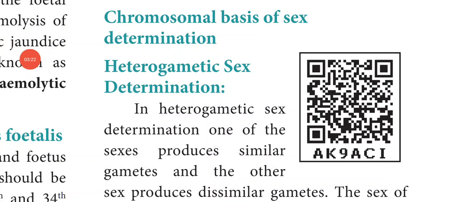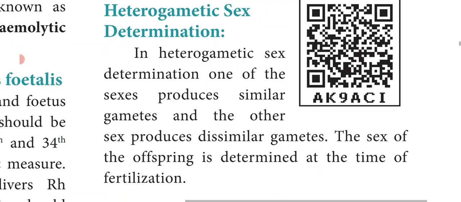Now we'll see the chromosomal basis of sex determination. First we'll see about heterogametic sex determination. In heterogametic sex determination, one of the sexes produces similar gametes and the other sex produces dissimilar gametes. The sex of the offspring is determined at the time of fertilization.